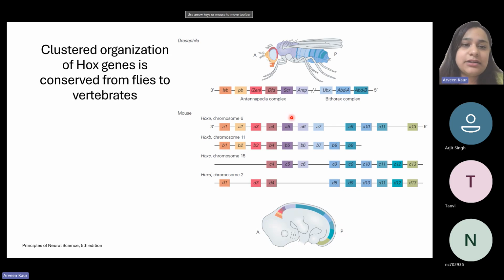That is how the Hox gene has a clustered organization, which is conserved across species.